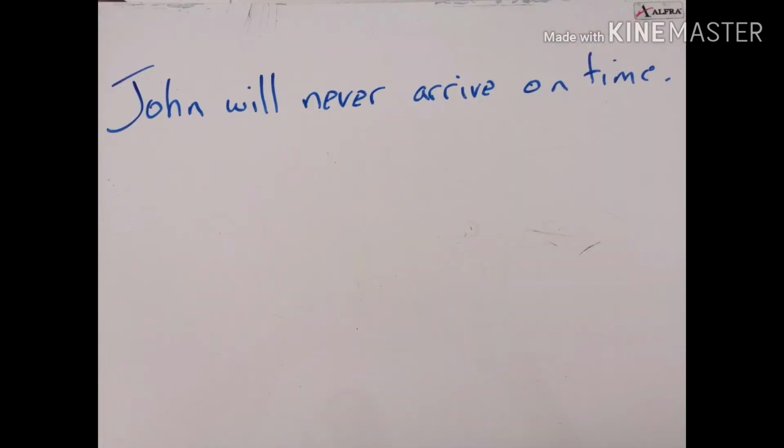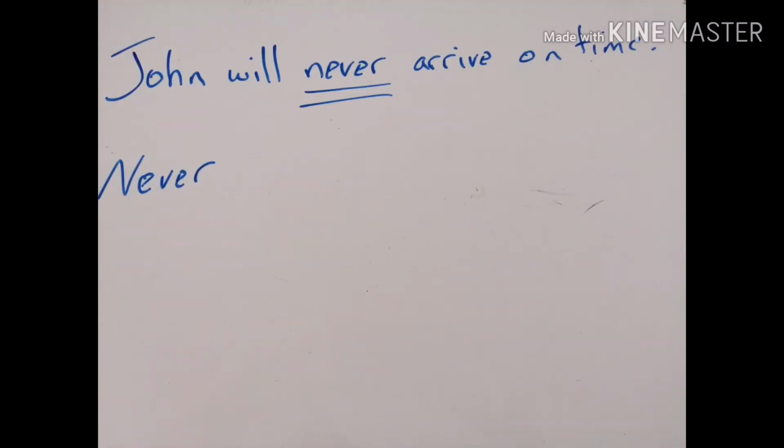Let's take a look at this other example. John will never arrive on time. So here we can easily identify the negative adverbial as the word never. So let's go through our steps. First, we put the word never at the start of the sentence because that's key to creating our inversion.